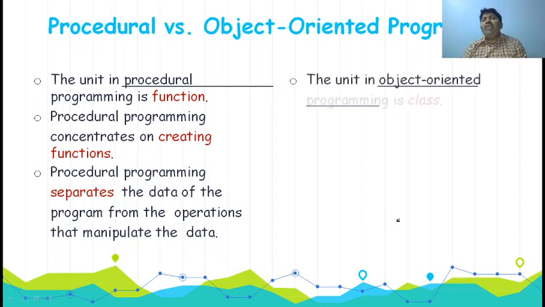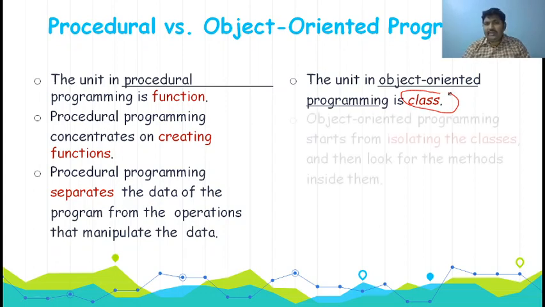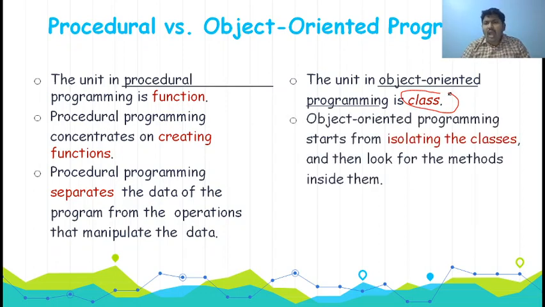But in object-oriented programming, the unit is nothing but a class. A class is the unit here. Object-oriented programming starts from isolating the classes and then looking for the methods inside. We write the methods inside the classes.